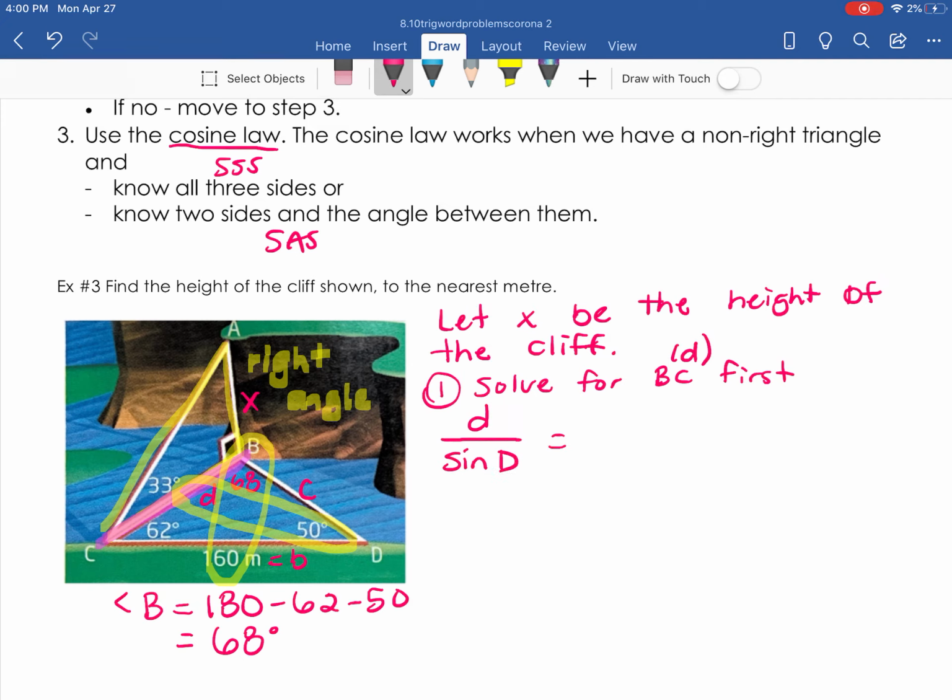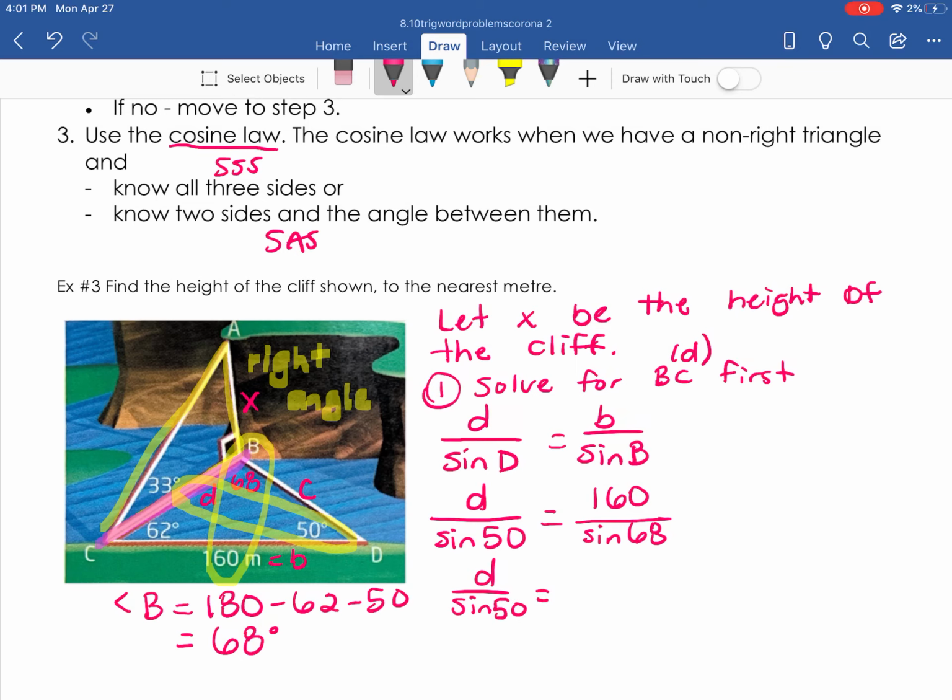So I'm going to use the side form, but it doesn't really matter. Decide what kind of work you want to show, but I'll solve on the right-hand side first. 160 divided by sine 68 is 172.6.